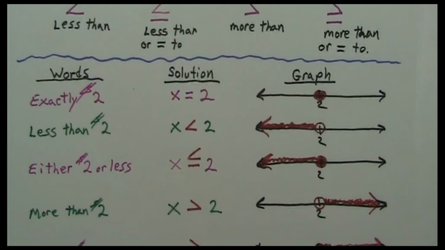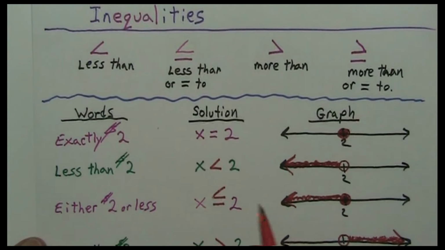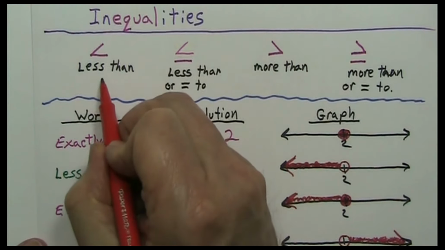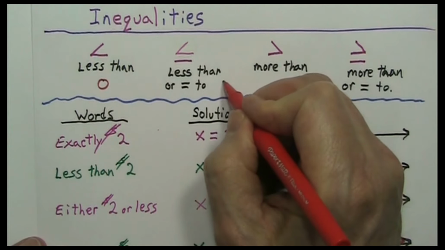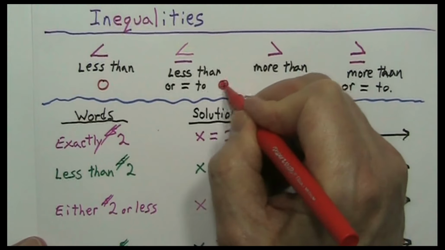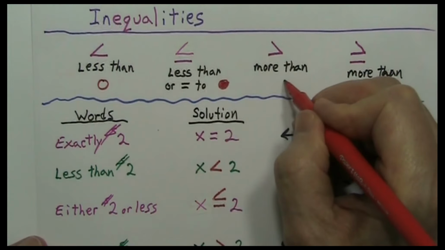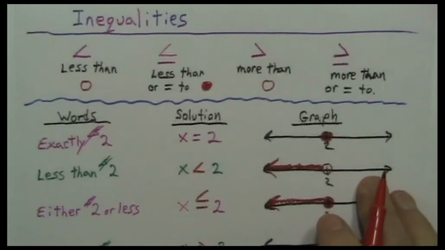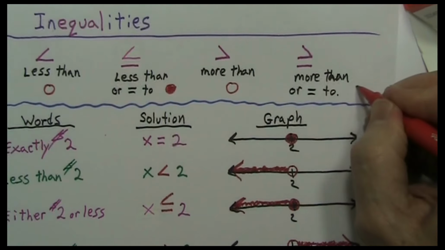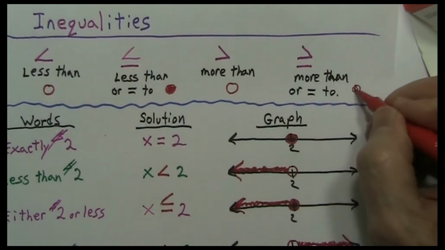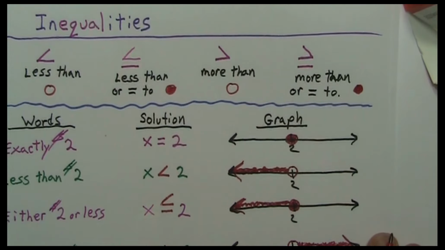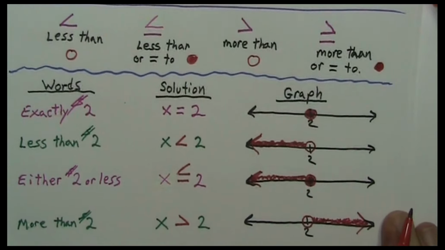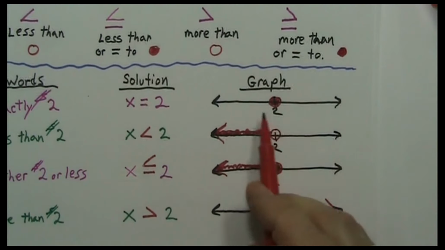Okay, and to help you with that, if you want to, you can put an open circle here, a closed circle here, open circle here, and then another closed circle. All right, so now you know how to graph an inequality.